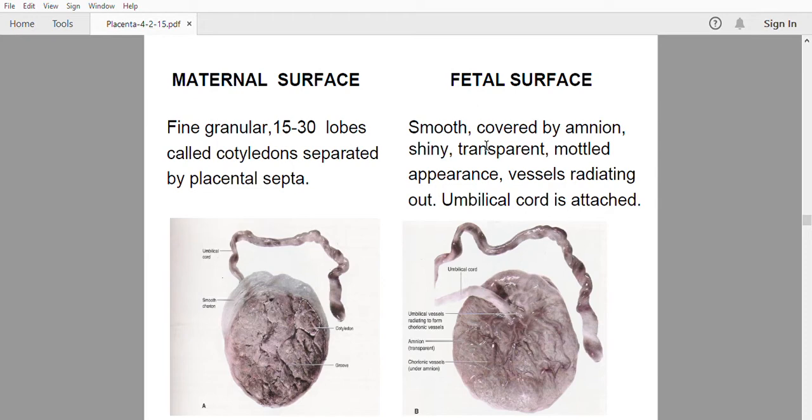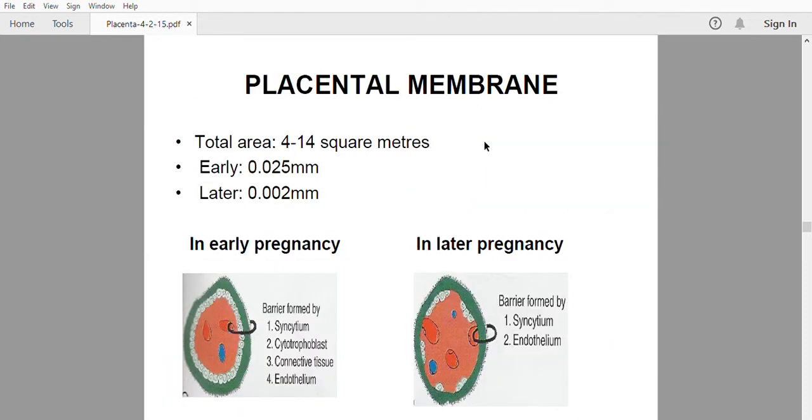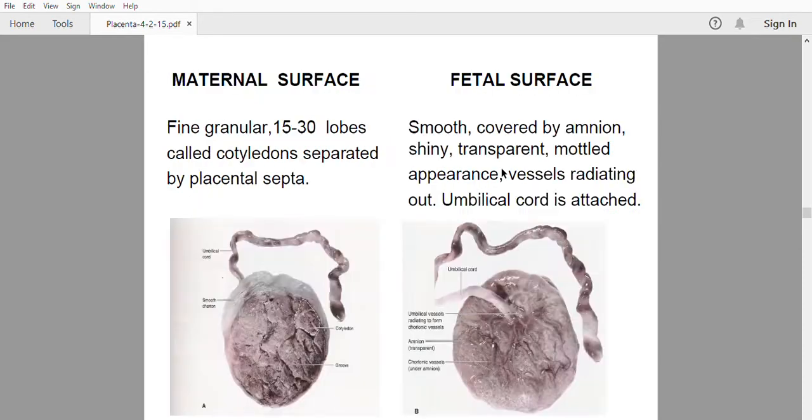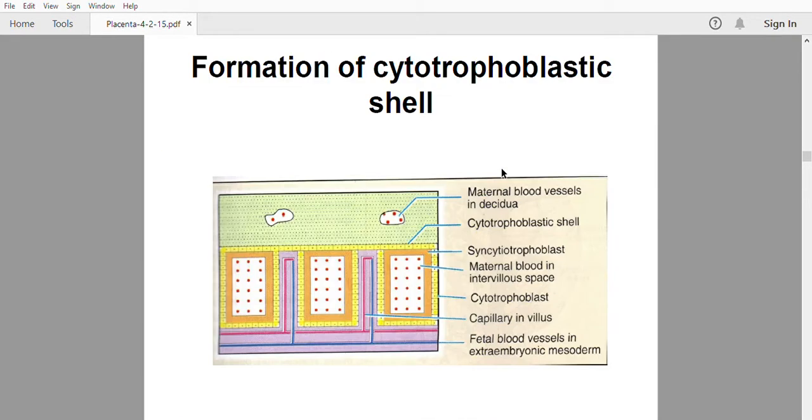Yes, ma'am. Okay, so the chorionic villi, now you can see the outer covering, which is the outermost covering, the syncytial trophoblast.